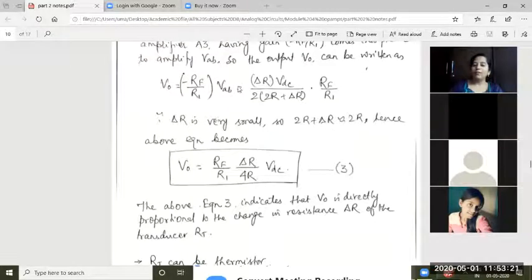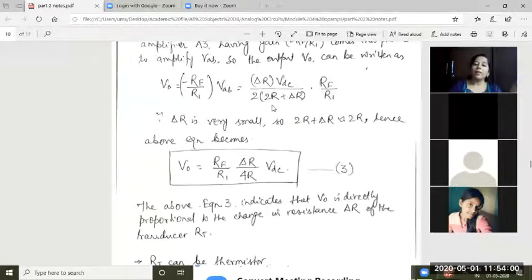So the final output voltage of the instrumentation amplifier is given as RF by R1 into VDC into delta R divided by 2 into 2R plus delta R. This is the actual expression. But we'll simplify this one more step so that if this delta R is usually very small when compared to 2R. Here I have a value in the denominator 2R plus delta R. Usually this change in resistance which will happen with change in the physical parameter like temperature will be small.